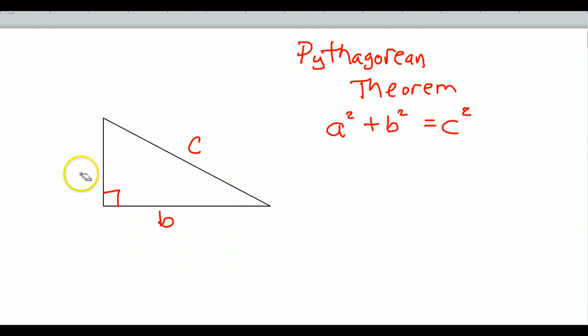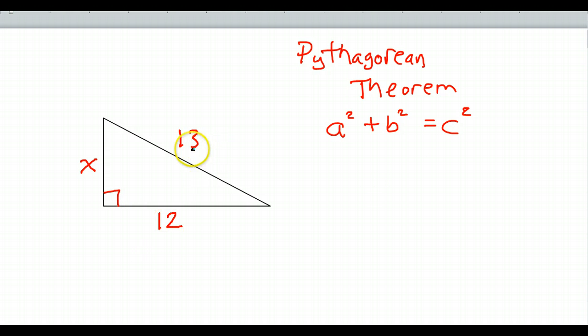So what that means to you and me is if you're ever given two sides of a triangle, say if I know that this is 12 and this is 13, you should always be able to find the third side of the triangle using the Pythagorean theorem.